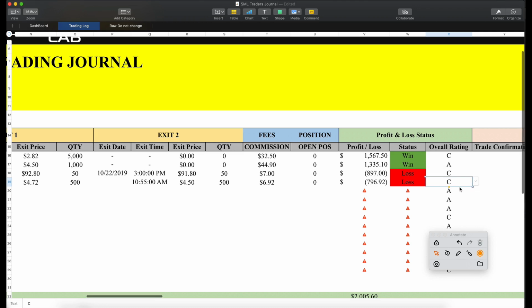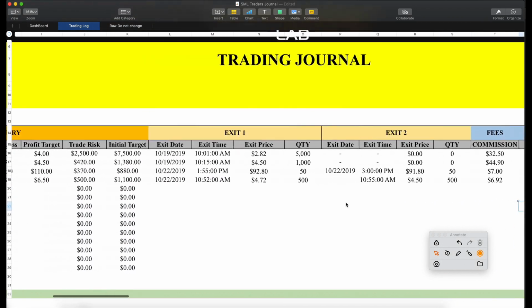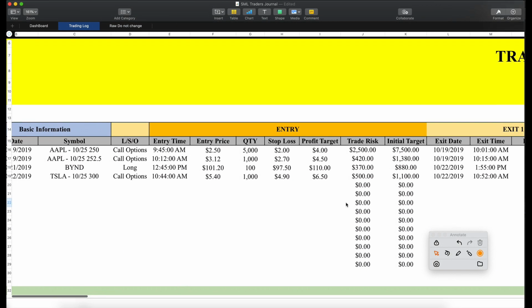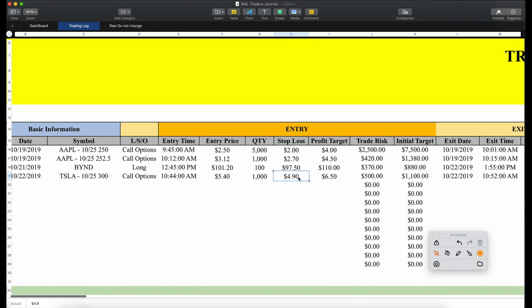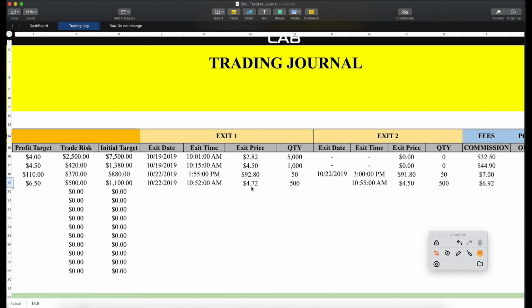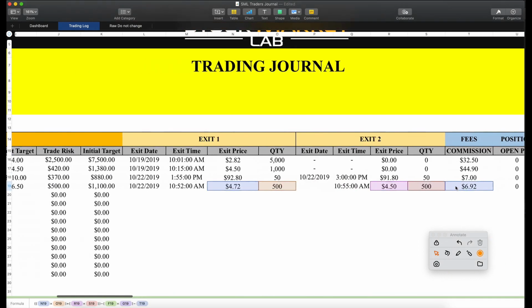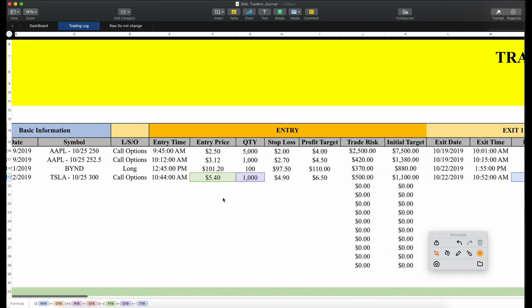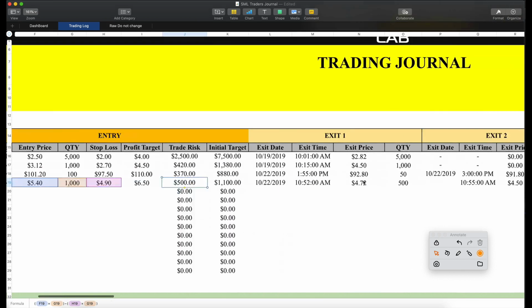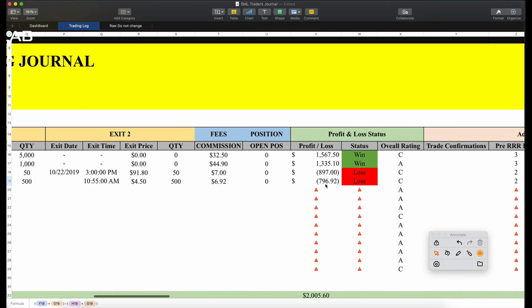The reason I'd give it a C is because when I go through this trade, one thing I did not like was the fact that I obviously didn't follow my plan. I exited way too late. What was the reason for that late exit? What was the reason for losing more money than I originally anticipated? Originally on this trade, I was supposed to lose $500 if the trade went against me, but I lost $796.